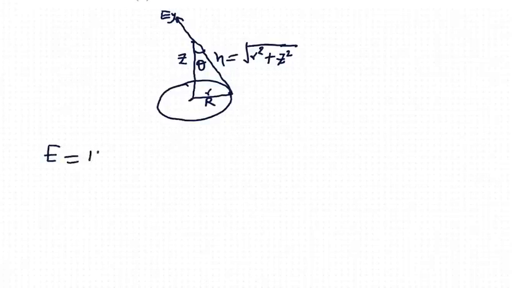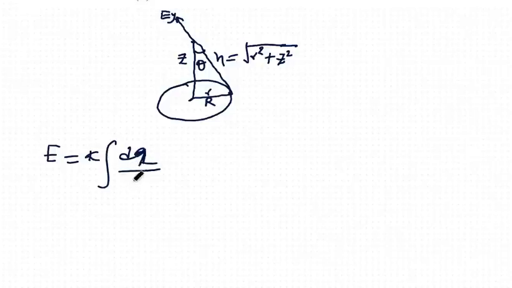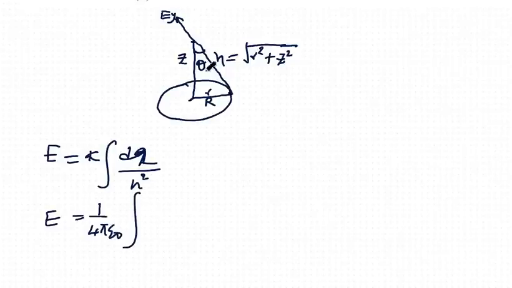So for us to calculate the electric field, we have the electric field E is equal to K, the integral of dq divided by h squared. K is 1 over 4 pi epsilon naught, the integral of dq, and dq is equal to sigma dA.